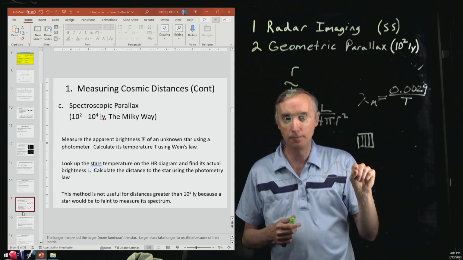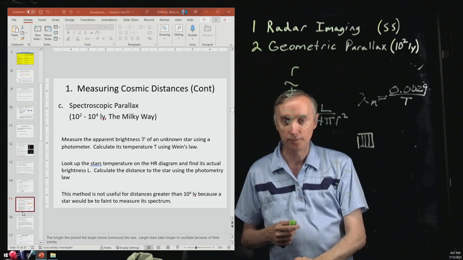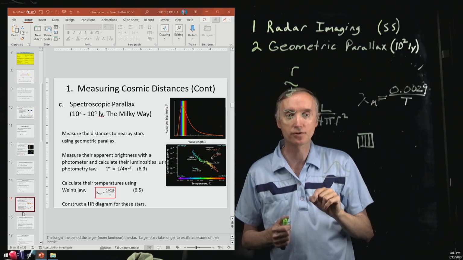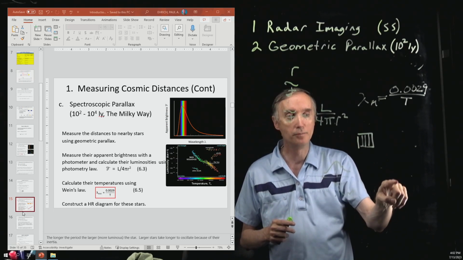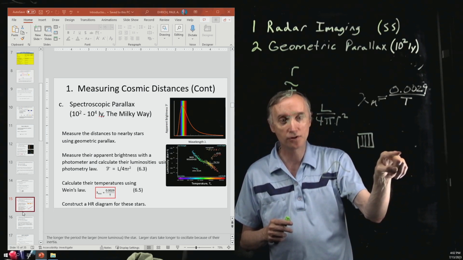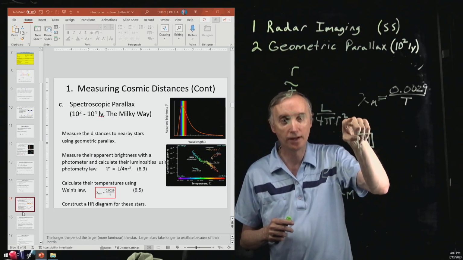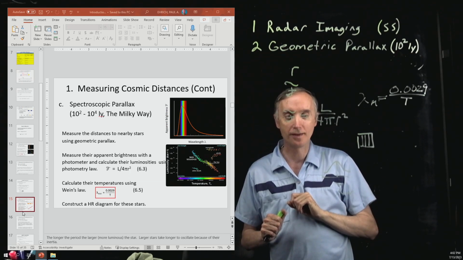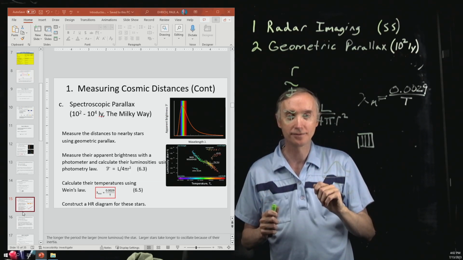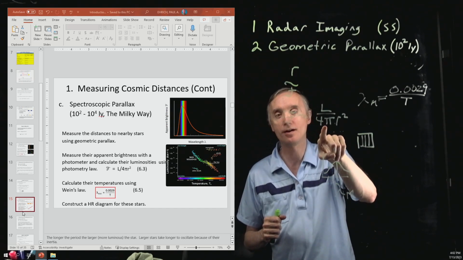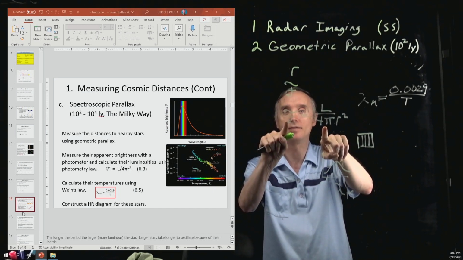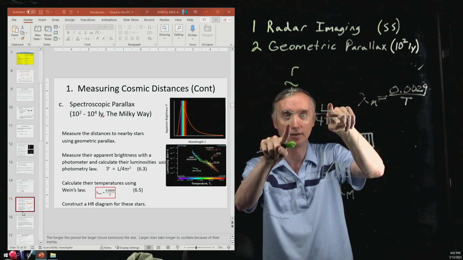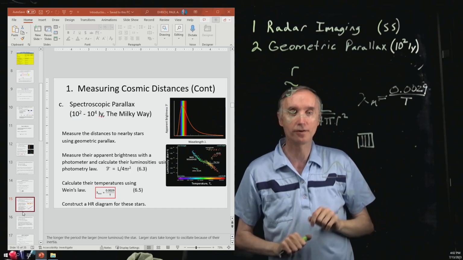Now take the temperature and use your HR diagram. So find the temperature of the unknown star, bounce it off the HR diagram, and find out the real brightness of the star, L. And then once you've got that, we're going to go back to the photometry law, because now we've got F from the photometer and L from the HR diagram, and then we can solve it for the letter r.